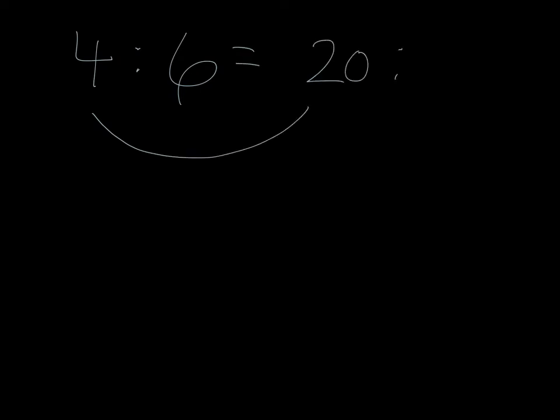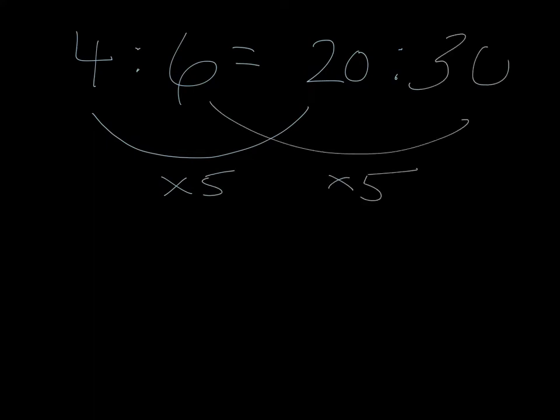To create an equivalent ratio, I could take any ratio, like 4 to 6, and pick anything to multiply by. So let's pick 5. I'm going to multiply 4 by 5 equals 20, and 6 times 5 equals 30.